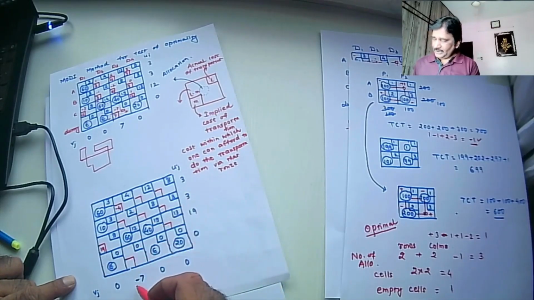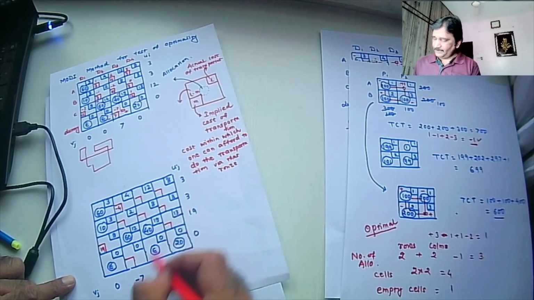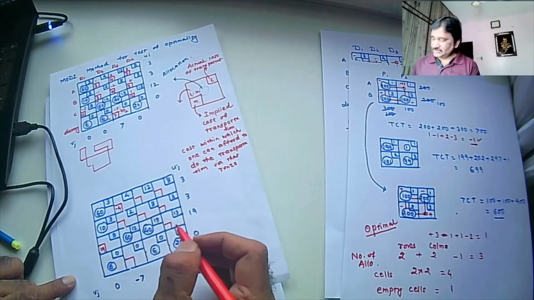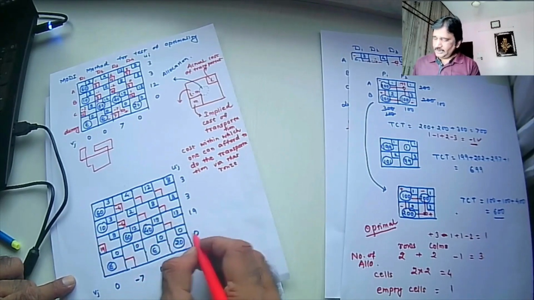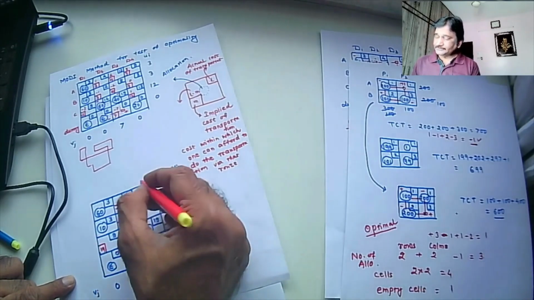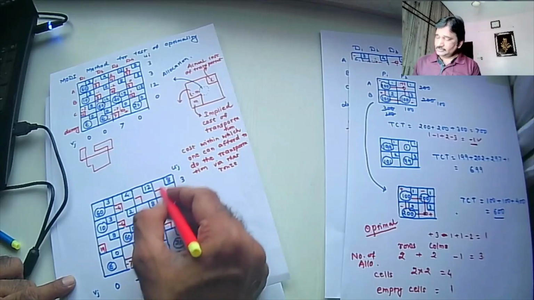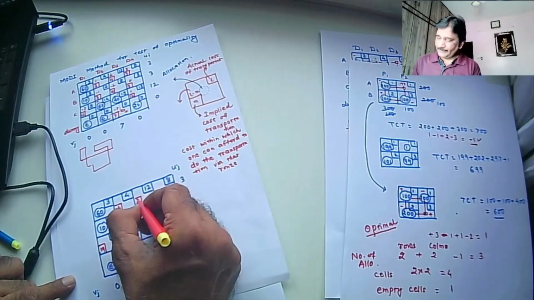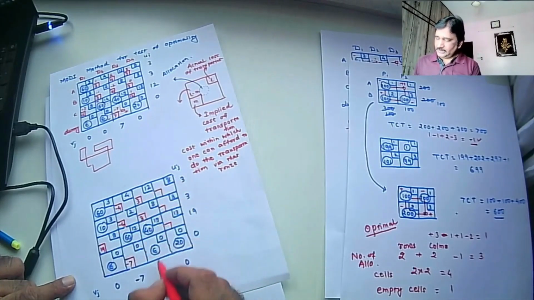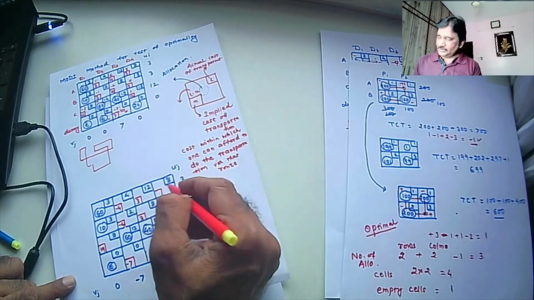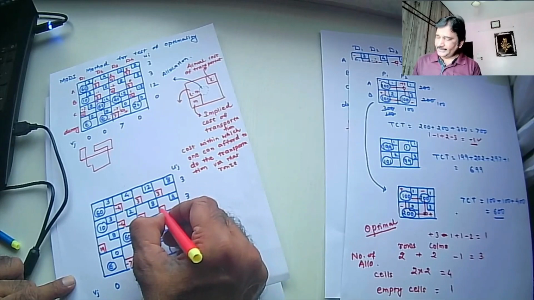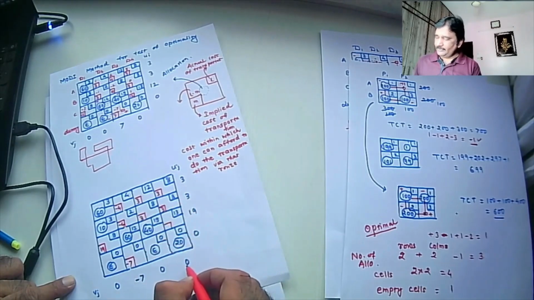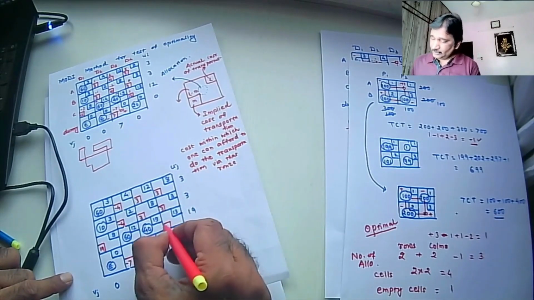Then 3 plus minus 7 is coming out to be again minus 4. Then minus 7 here. Then 3, 3 again. And here it is coming out to be 3, again 3, and 19 plus 0, 19.